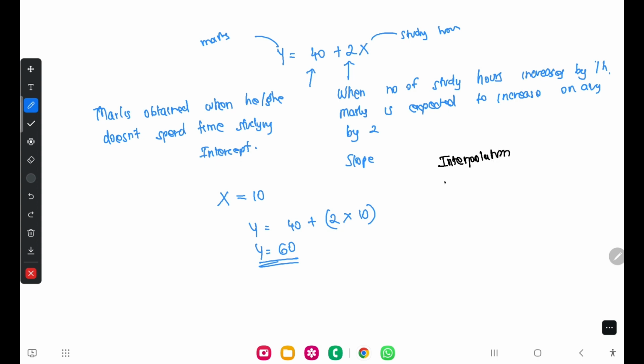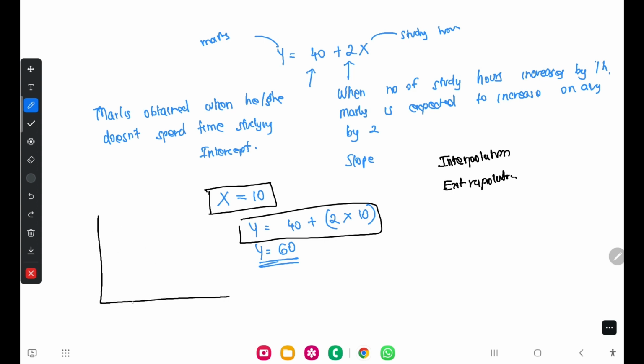Interpolation, extrapolation. In interpolation, we substitute a value for x based on the range which we have used to construct this y equation. So let's say we have got this equation using these values. This is our sample data, study time hours and marks.